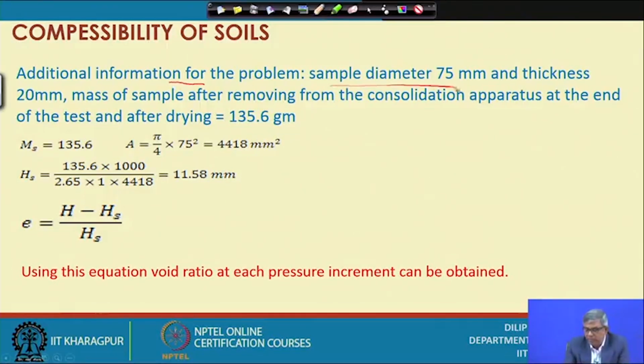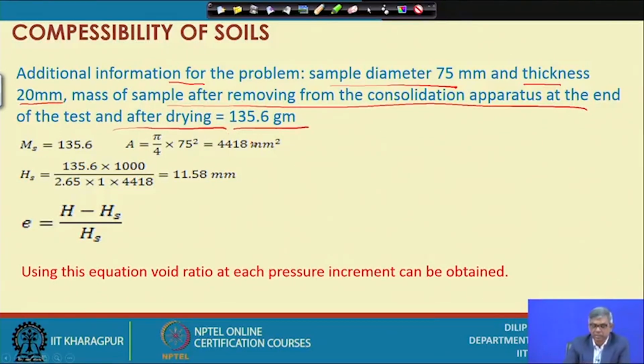The sample diameter was 3 inches or 75 millimeter, thickness was 20 millimeter, and the mass of the sample after drying was 135.6 gram. That means, after completion of the test, we kept it in the oven and dried it, and the dry mass was 135.6.